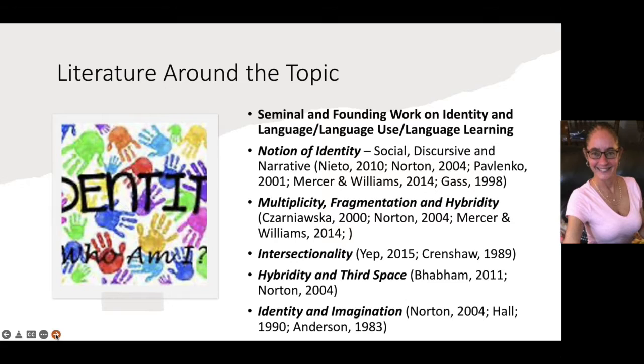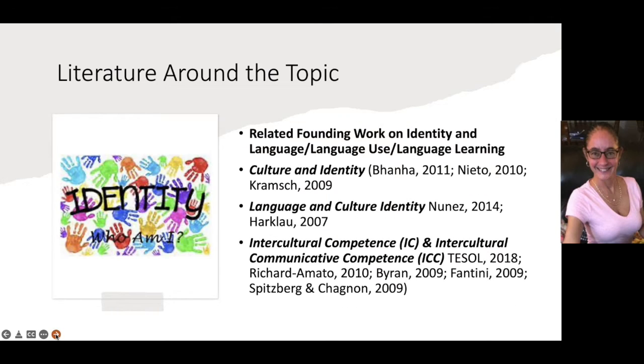Identity and imagination. So we have our identity and then we have an imagined identity. Basically what we're seeing here is that it's very complex and dynamic. It's not something that is just flat. It's very dynamic, it could be 3-dimensional if you wanted to see it that way. Just some more related topics.